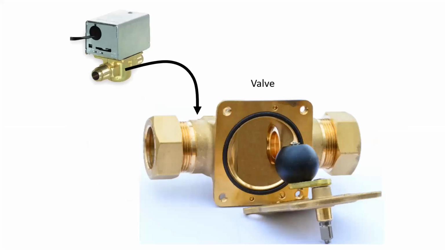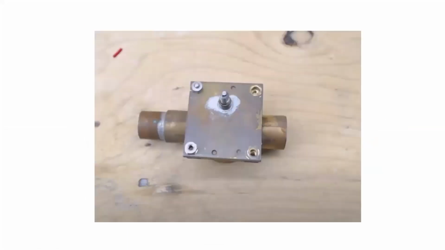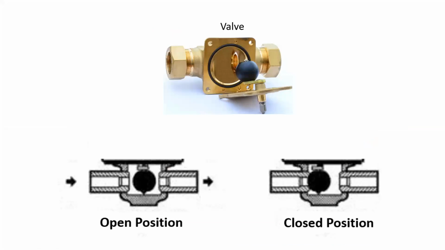Here are how the two separate, and you can see the ball valve inside. The ball valve is operated by rotation. And this is what the assembly would look like without the electrical actuator on top. It operates by swiveling the ball left or right into either an open or a closed position, preventing flow through the pipe.